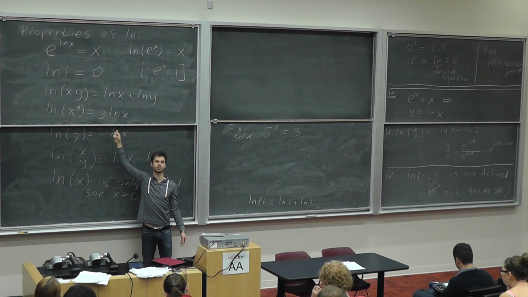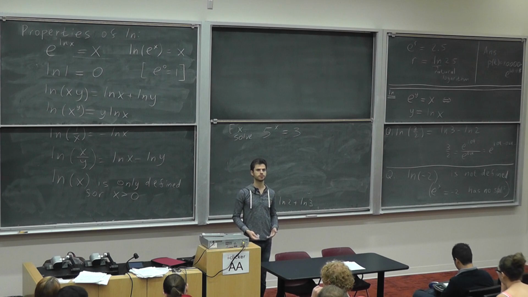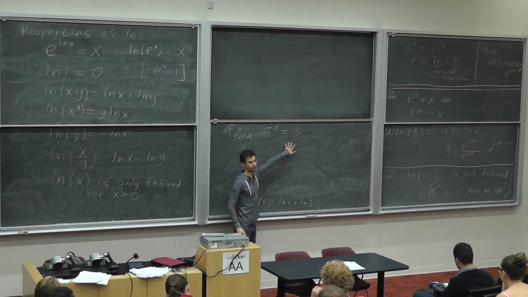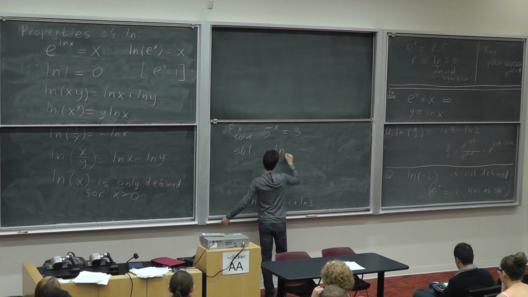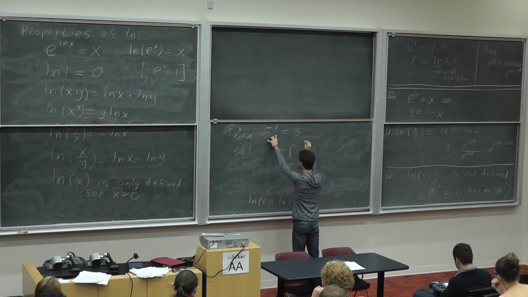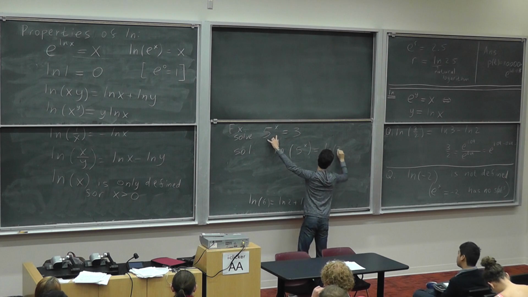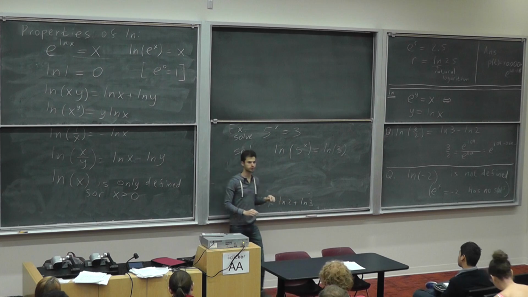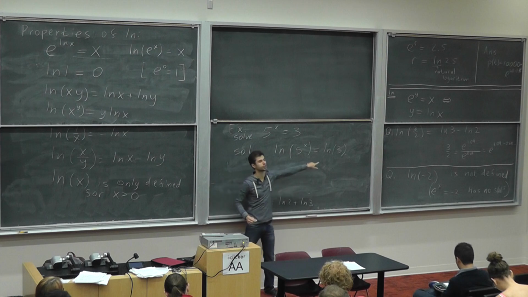And that's very convenient because we know how to solve equations with products. Our problem was with an equation with powers. So the solution would be like this. If this is equal to that, then the logarithm of this is equal to the logarithm of that. It's just if these two numbers are equal, then their logarithms are equal.